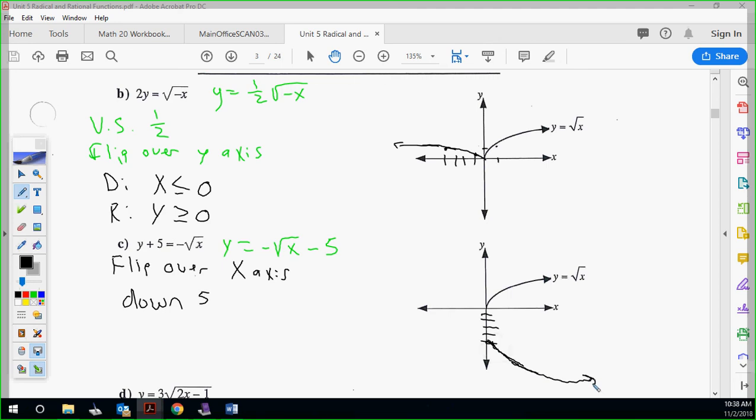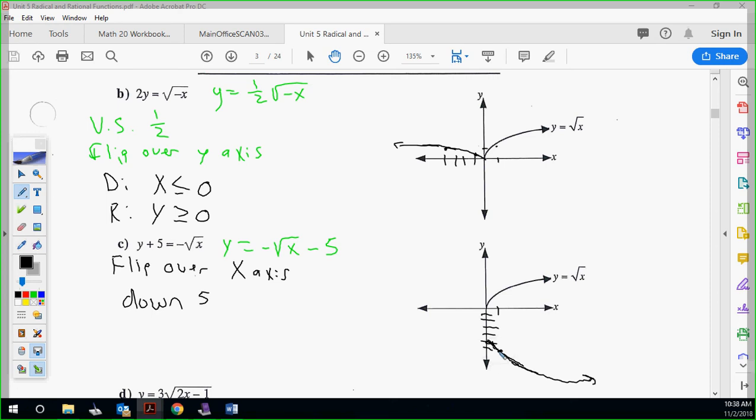Like that. And then when you sketch, you can always check. You can be like, okay, well, what's happening at 1? Well, when I do 1, square root of 1 is 1, -1 minus 5, so -6. So at 1 here, I'm at -6 right there. Okay, and you can see how it pushes it below.